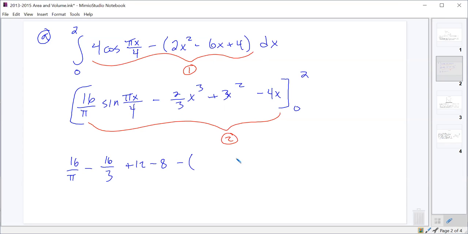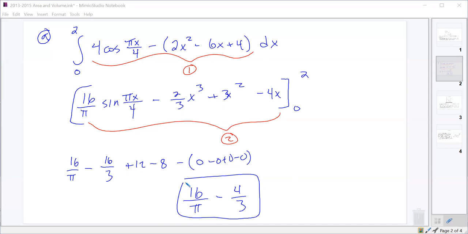Then minus, I plug in 0, the sine of 0 is 0, and all these other terms are 0. So we're just left with 16 over pi minus 16/3 plus 4. If I take 16/3 and add 4, that'd be adding 12/3, so that'd be 16 over pi minus 4/3. And that was your fourth point. Any questions on that?